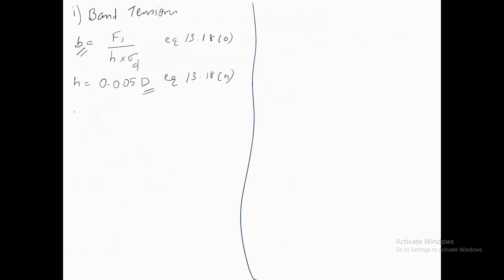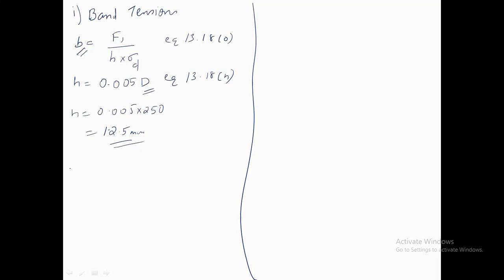So H is equal to 0.005 into 250, that is equal to 1.25 mm. When you substitute the value of H, you get B.